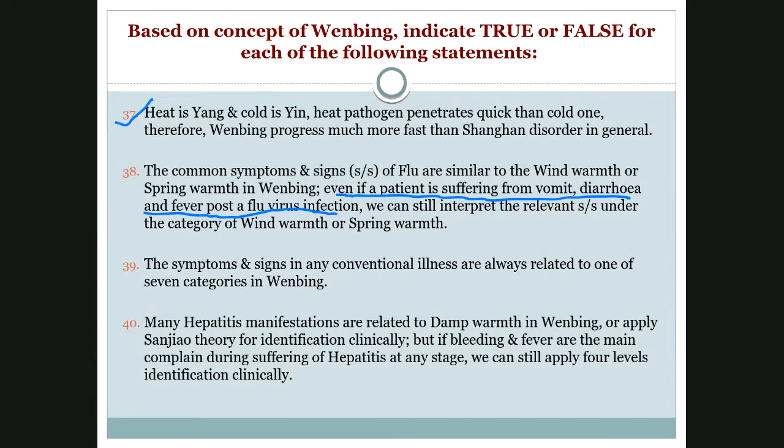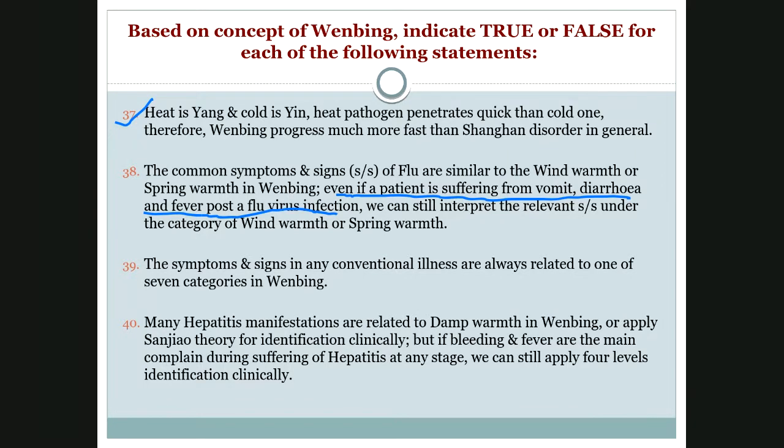Flu or hepatitis are names of conventional medical disease diagnoses, based on blood tests, X-rays, specific pathogens, and proven by tests. So these are two different perspectives. So do be careful when you interpret.